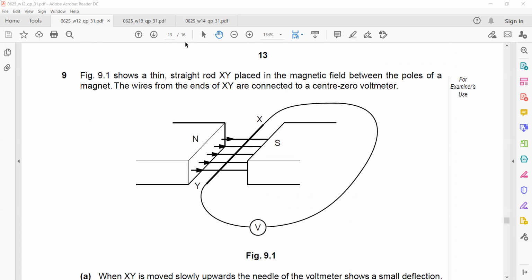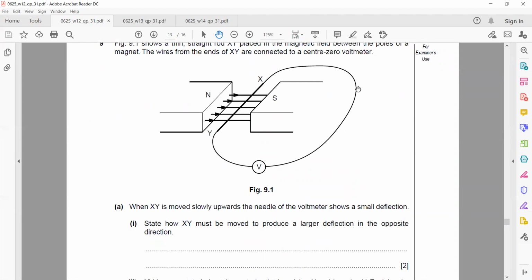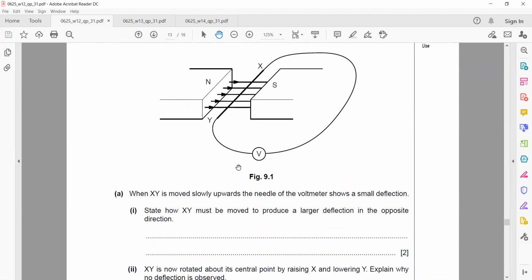Figure 9.1 shows a thin straight rod, basically X and Y, which is placed in a magnetic field between the poles. The wire ends X and Y are connected to a zero center voltmeter. So there is a wire.